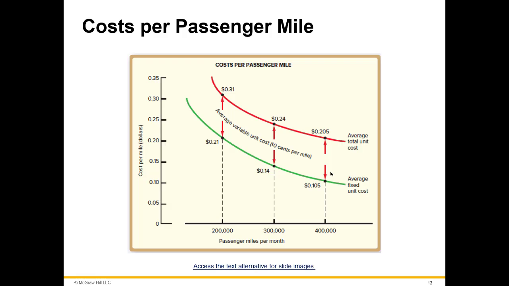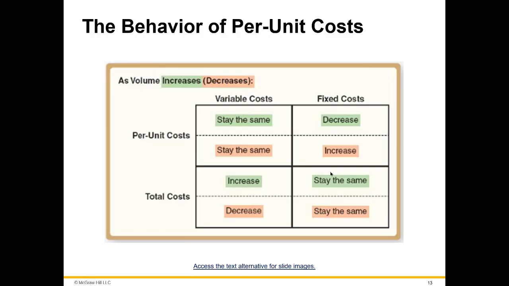Now, it is important to differentiate between the behavior of total costs versus the behavior of per unit costs. So here's my per unit, here's total costs. Okay, so let's start here. Notice we're in the variable cost column here. The per unit cost for variable costs stays the same.